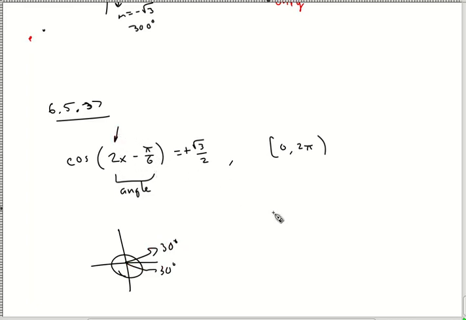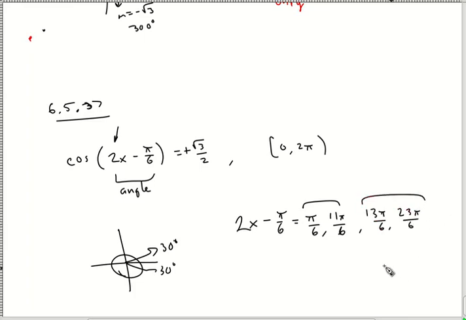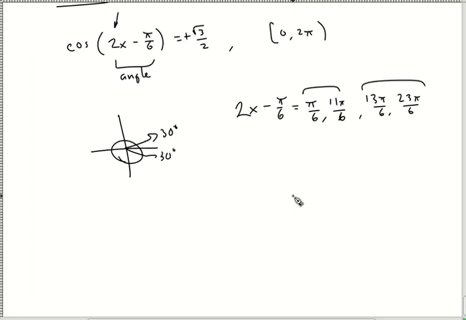Ignore this for just a second. So 2x minus pi over 6 is equal to pi over 6, 11 pi over 6. There's 1 revolution. And then we have the next one, which would be 13 pi over 6 and 23 pi over 6. That's the second revolution. Okay. So we did 2 revolutions.